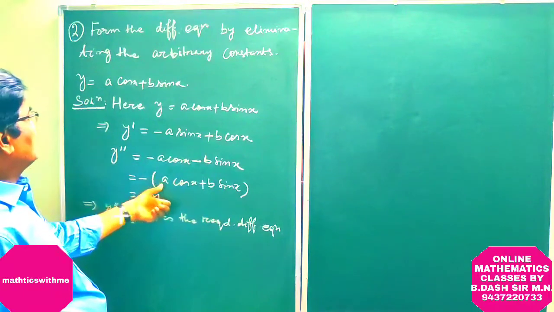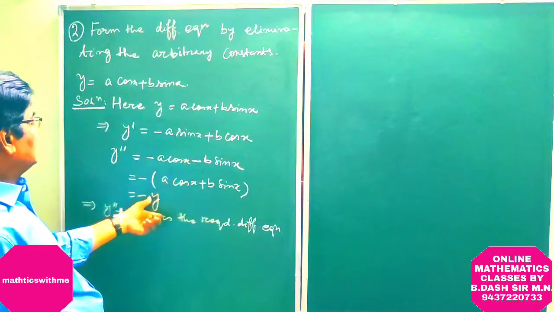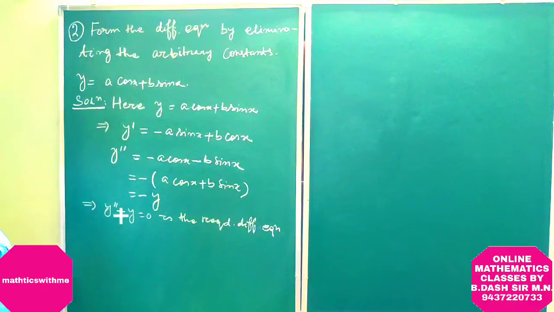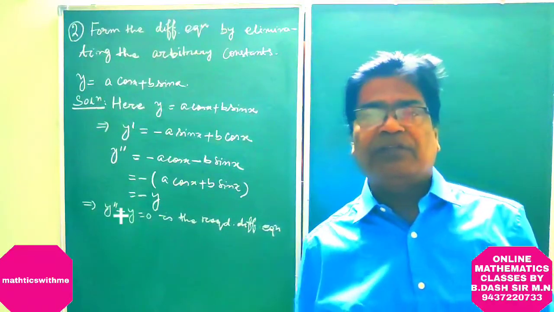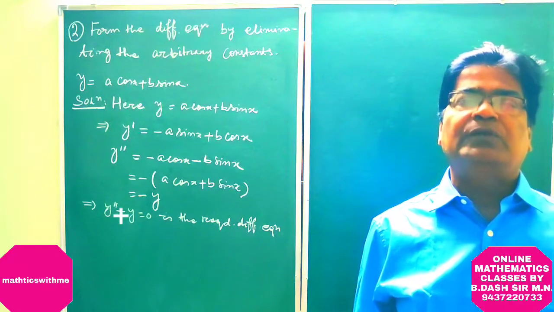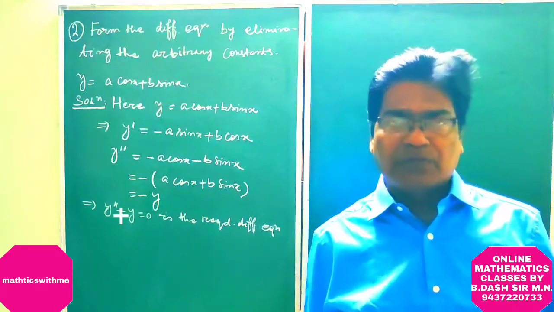Now taking minus common, we get a cos x plus b sin x, which is y. So y double dash plus y is equal to 0 is the required differential equation. Now our second question is solved. Let us proceed to solve the third question.